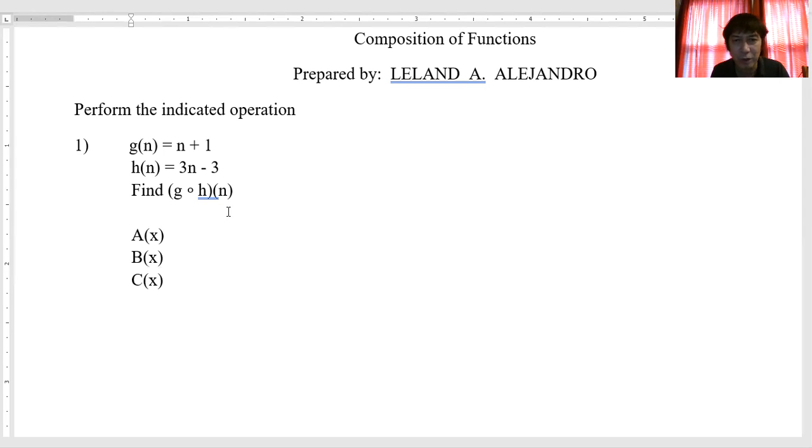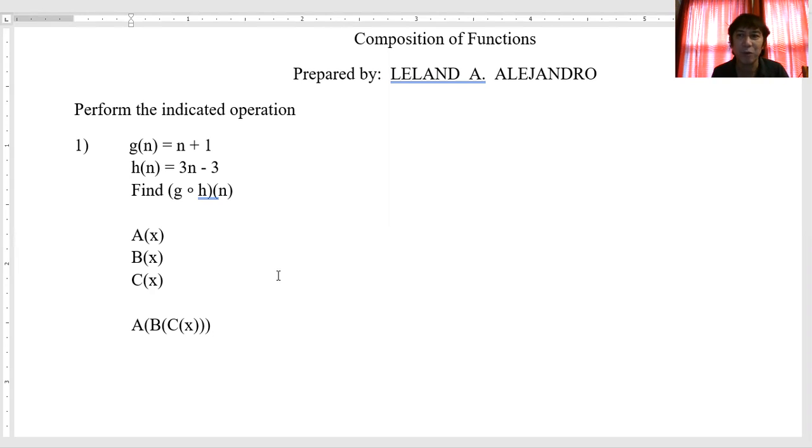If you're asked to determine a of b of c of x, then this means c will be input to the b function, and then the b function result will be input to the a function.